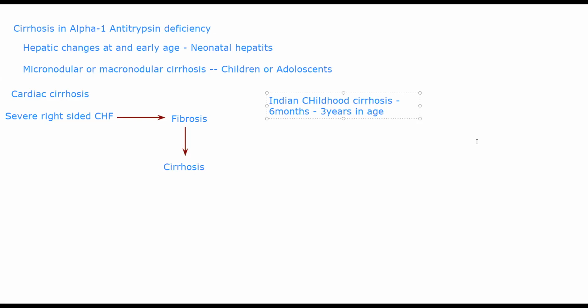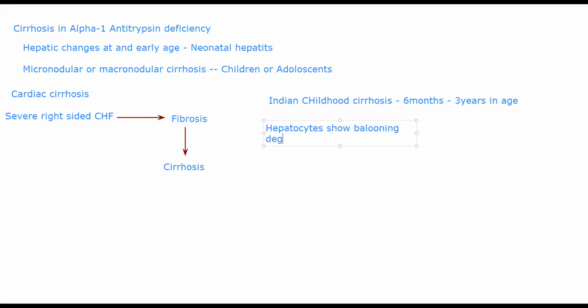So it can be either or both. Okay, the pathological changes that you will see is that the liver will have something called ballooning degeneration. So hepatocytes show ballooning degeneration. Ballooning degeneration is something wherein, let's suppose this is your hepatocyte.